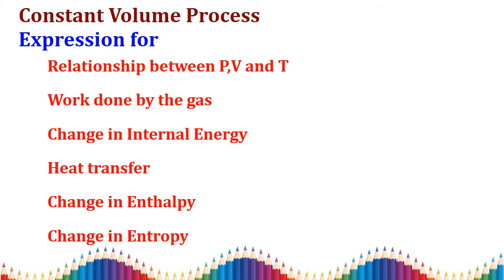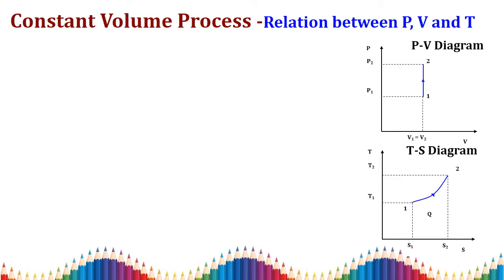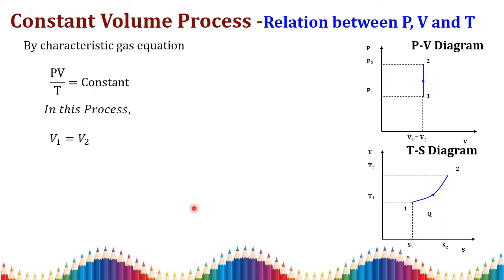First, the relationship between pressure, volume and temperature. As we all know, the ideal gas equation is PV equal to mRT, where m and R are constant. So we can write PV by T is equal to constant. In this process, volume V1 is equal to V2. So I can write this characteristic gas equation as P1 V1 by T1 is equal to P2 V2 by T2.